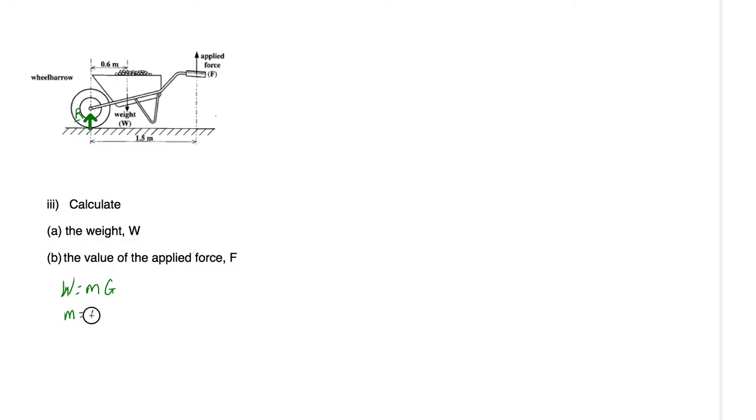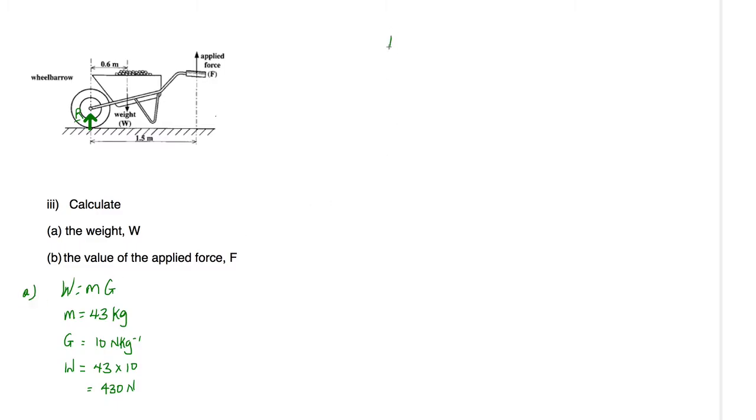So that mass here is 43 kilograms, and G, we will use G as 10 newtons per kilogram. So therefore the weight is 43 times 10. That's 430 newtons. So that's the weight, and this is part A.